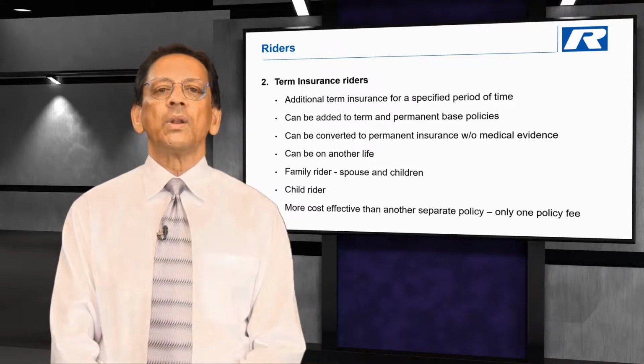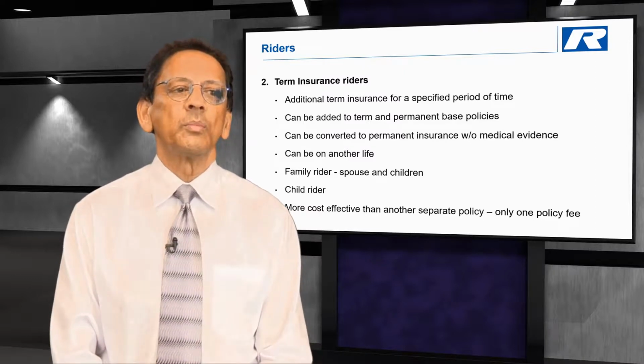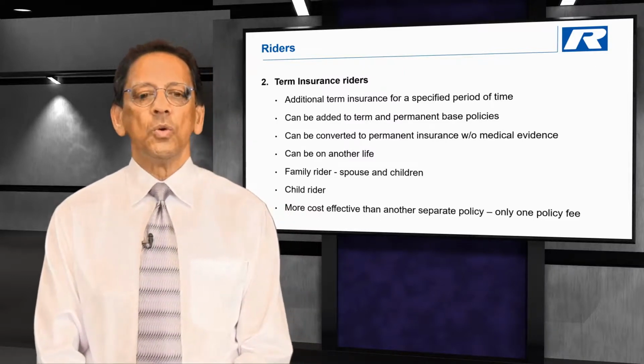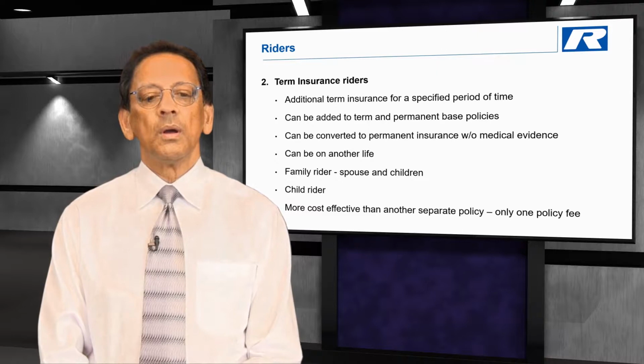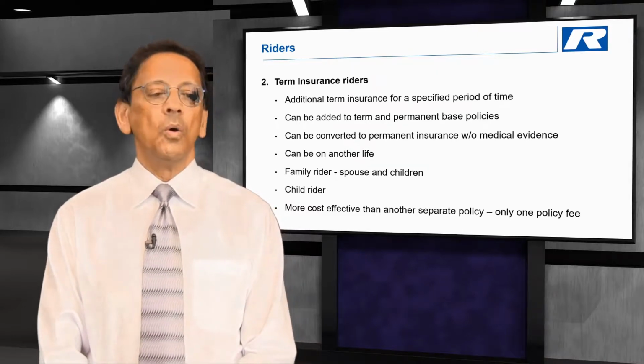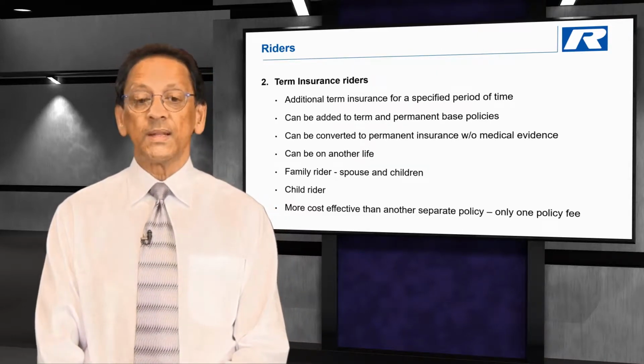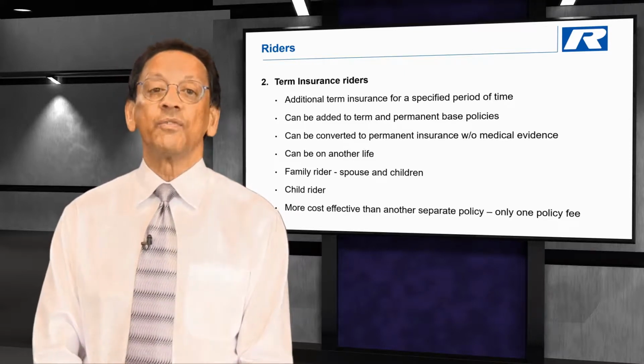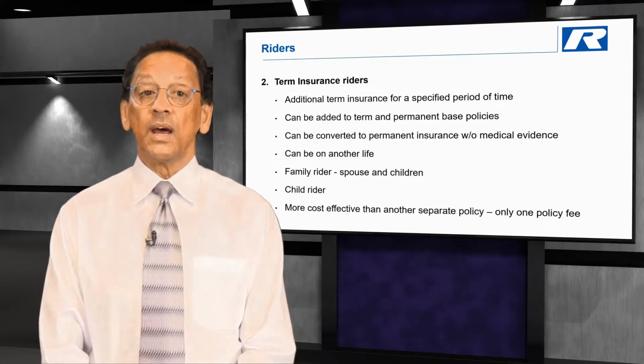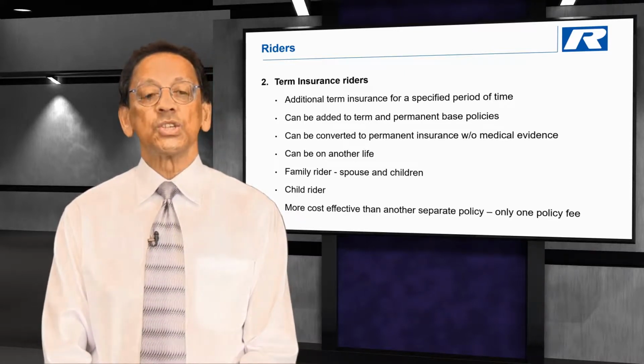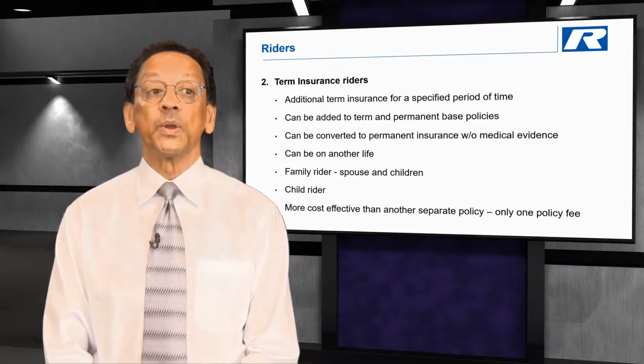Second type of rider that we want to cover are term insurance riders. On your universal life or on your whole life plans, you can add additional coverages on someone else's life. And so it's additional term insurance for a specific period of time.